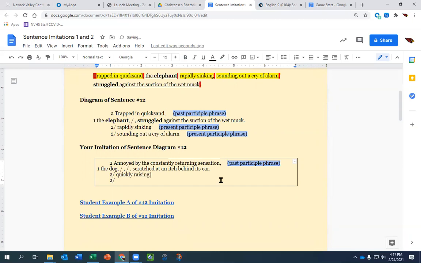at some point I came up with "quickly raising its leg" and then modified it a little bit and ended up with "quickly raising its powerful leg," which is a little longer than just plain old "rapidly sinking," but again, it meets all the criteria of what I need, which is a present participle phrase for one, something that works in the medial position for two.